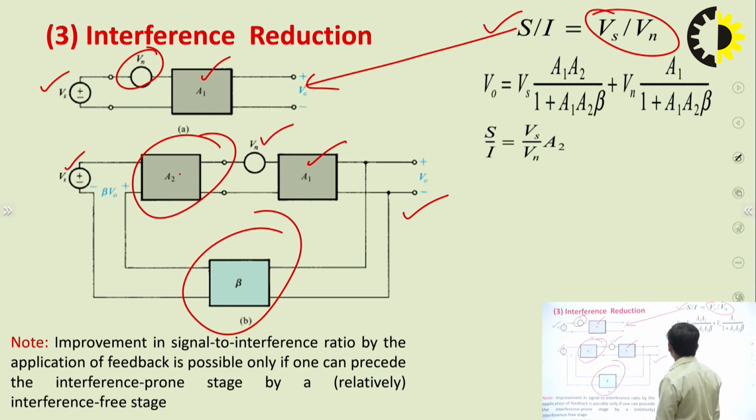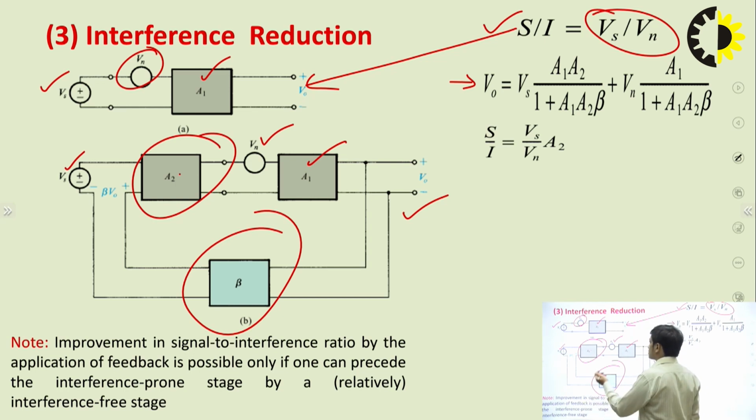Now again we need to calculate the value of V0 here. To calculate the value of V0, we will apply the superposition theorem. As per the superposition theorem, at a time only one voltage source will be there and the others will be removed, and similarly for case 1 and case 2 we can get the V0. Consider case 1.